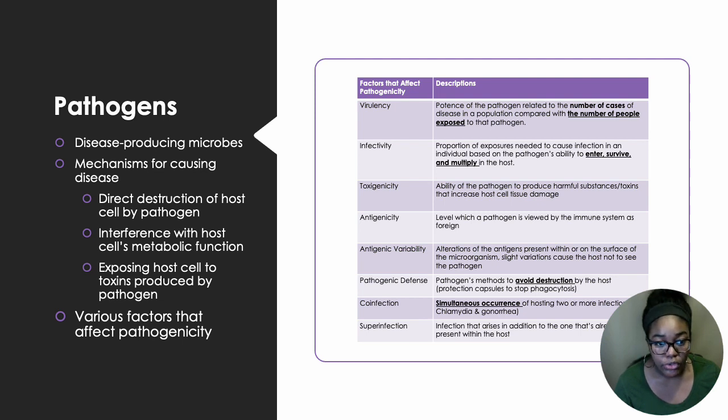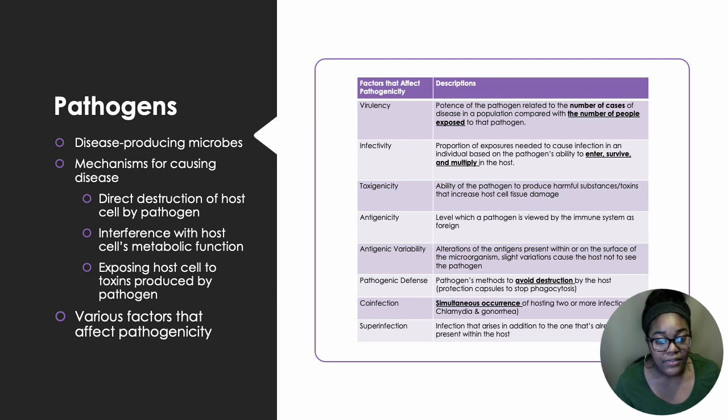and ultimately destroy it. Then we have pathogenic defense, which is the pathogen's methods to avoid destruction by the host. So this could very well be that the body does recognize that there is a pathogen within the body. However, the pathogenic defense could be elevated or effective where the body's immune system is not able to target.